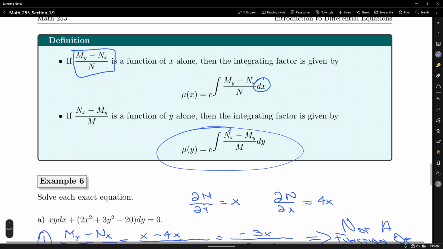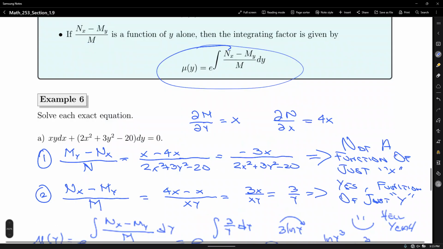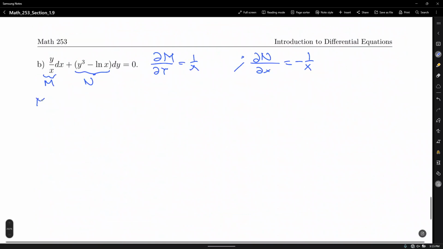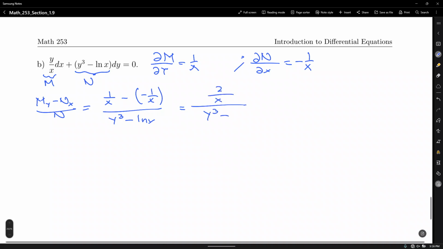Let's see if it works: M with respect to y minus N with respect to x, over N. That equals 1 over x minus negative 1 over x, divided by N, which is y cubed minus ln of x. This will be 2 over x divided by y cubed minus ln of x.